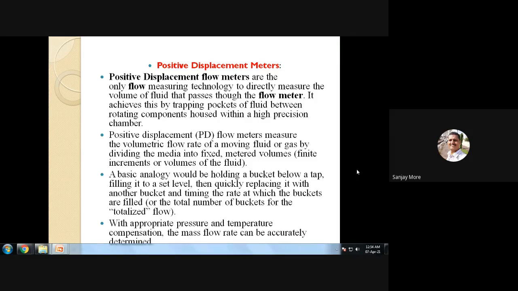It achieves this by trapping pockets of fluid between rotating components housed within a high precision chamber.